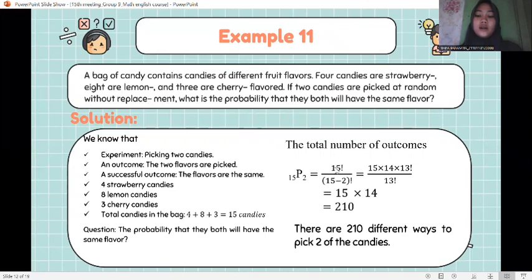So 15 times 14 times 13 factorial divided by 13 factorial. 13 factorial divided by 13 factorial is 1. So we have 15 times 14 equals 210. So there are 210 different ways to pick 2 of the candies.